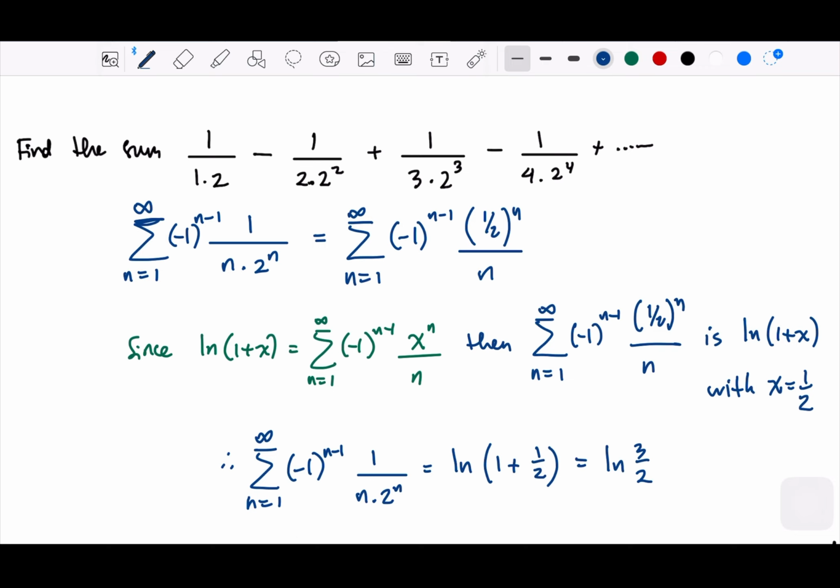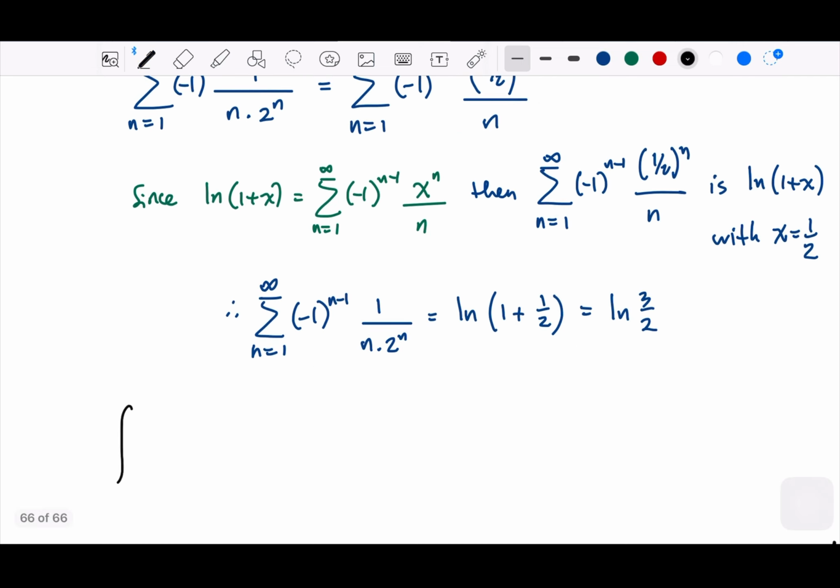And what's the benefit? At the end of the day, why do we need this Maclaurin series? One way to think: if you remember, in calculus we have some functions that cannot be integrated because they are non-elementary. For example, consider the integration of e to the power of negative x squared. We cannot integrate this, right? This is something that we call non-elementary.